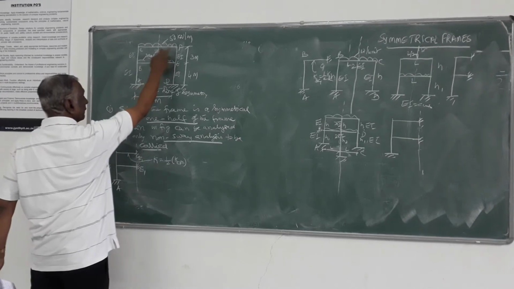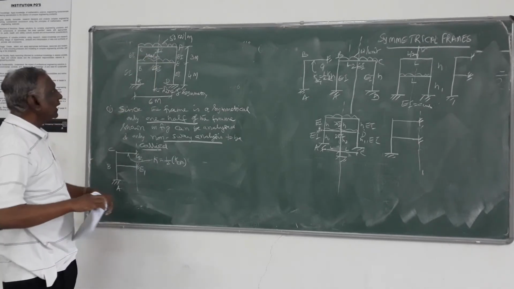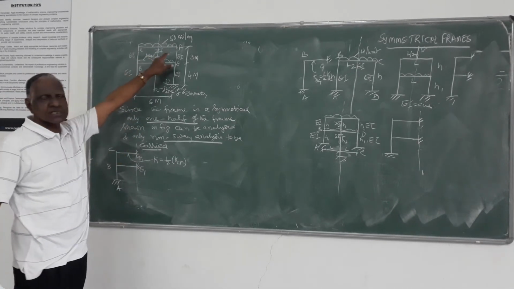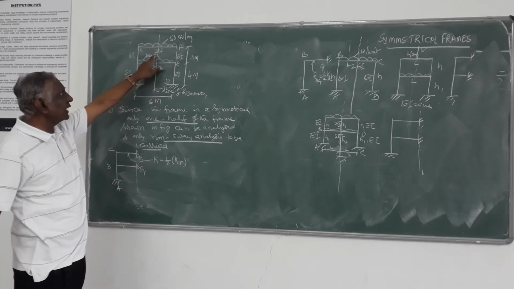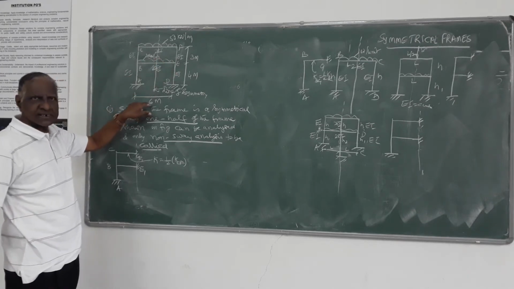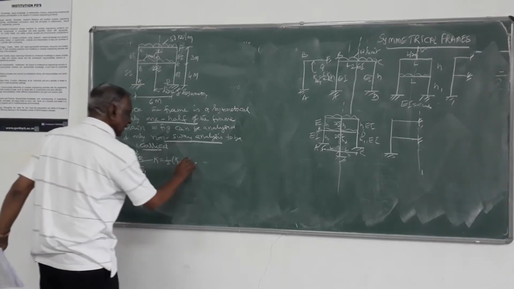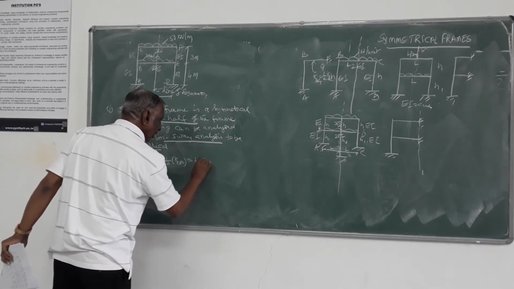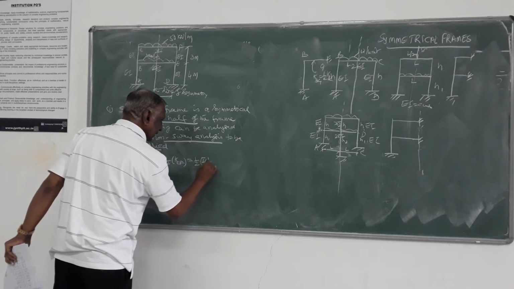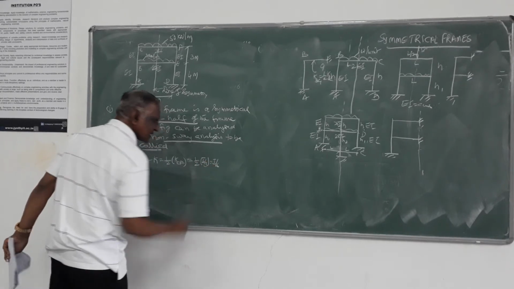So the regular member stiffness is I by L because both ends are continuous. I by L means it is 2I by 6, it is I by 3. Half that particular value of I by 3 we have to take. That is half of I by 3, that is I by 6.